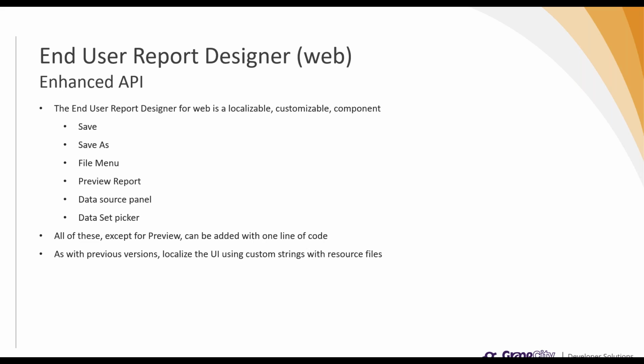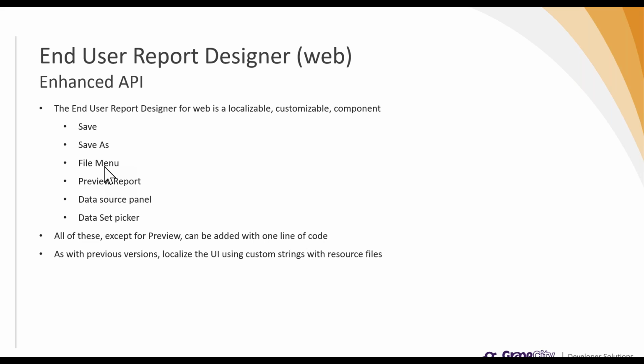So with previous versions of ActiveReports, these designers have always been customizable and localizable. So when it came to the web-based end user report designer, you could add the save button, you could add the save as button, so that you could prevent your end users from overwriting existing reports.